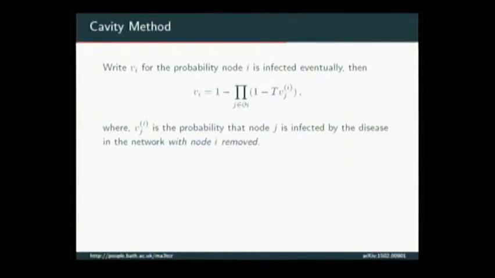So what's the chance I get sick? Well, that's 1 minus the chance that I don't get sick. And how could I fail to get sick? Well, for me to fail to get sick, I need each of my friends to fail to spread it to me. And those are independent events. And so I take 1 minus the chance of spreading. And then spreading is T for transmission times the chance that they got sick, but not through me, right?